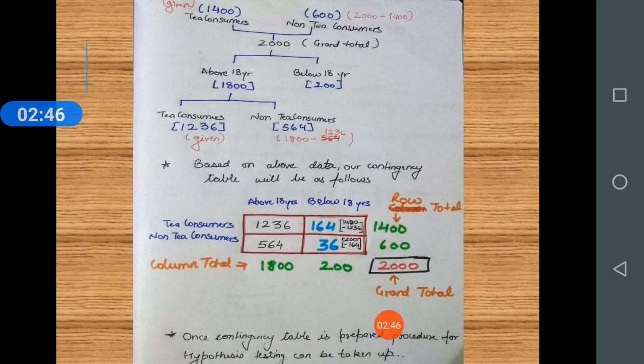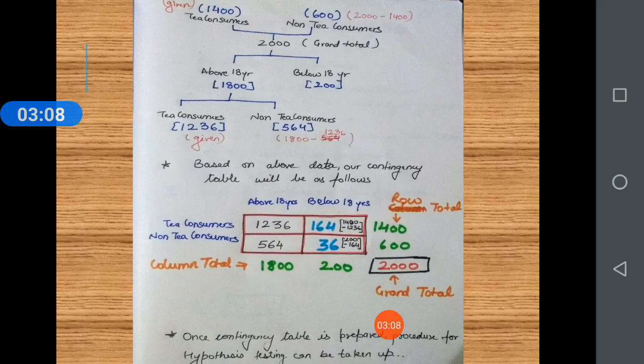Now we need to check the number of people consuming tea and the non-tea consumers. It was given that out of 2000 people, 1400 consume tea. That means the non-tea consumers are automatically 2000 minus 1400, which is equal to 600.